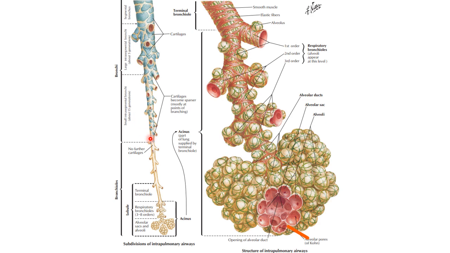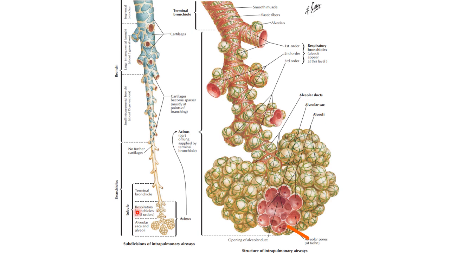And then, once the cartilage are already absent and the tracheobronchial tree diameter is very small, you will have already encountered the bronchioles. So the bronchioles have two particular types. You have a terminal bronchiole and you have a respiratory bronchiole.